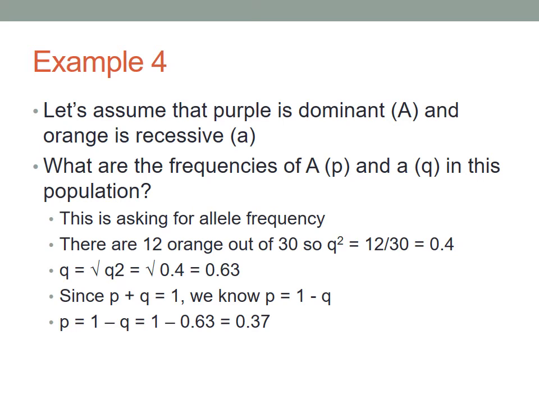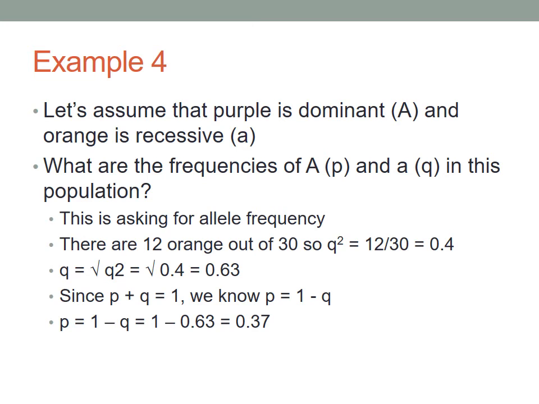And we know that p plus q equals 1. So if p plus q equals 1, p equals 1 minus q. So p equals 1 minus q, which means 1 minus 0.63. So p is 0.37.